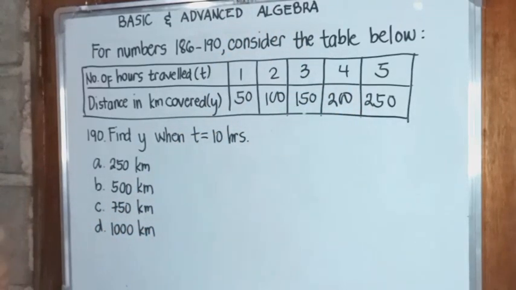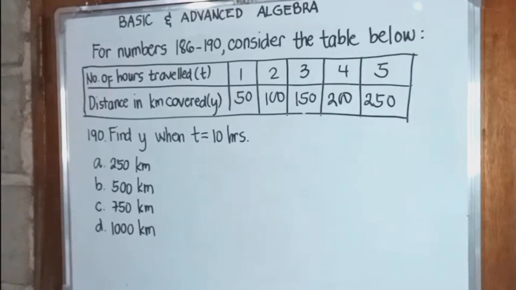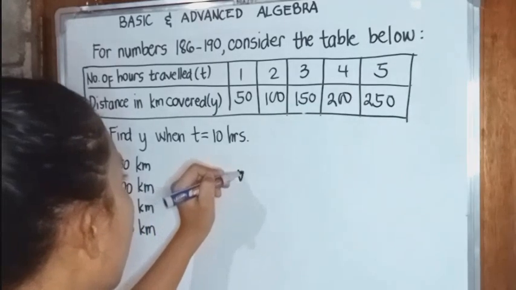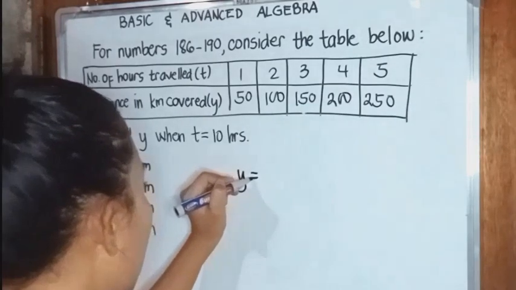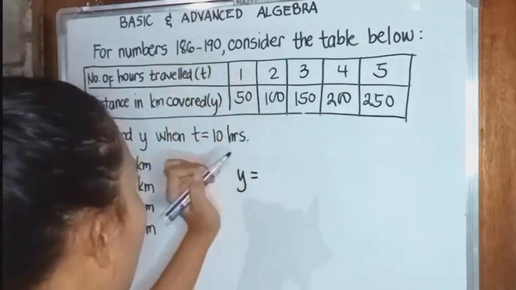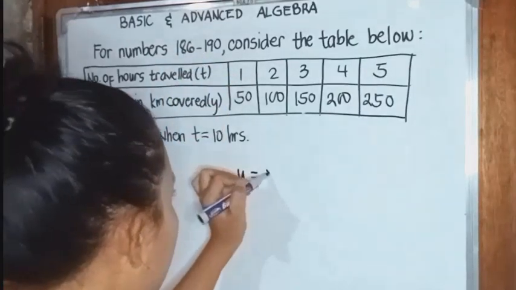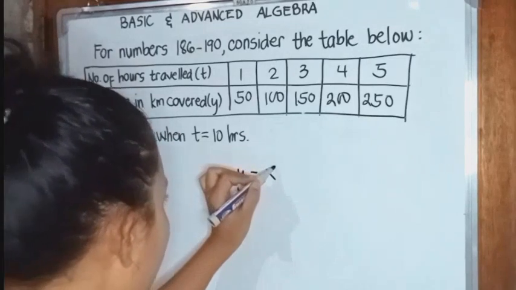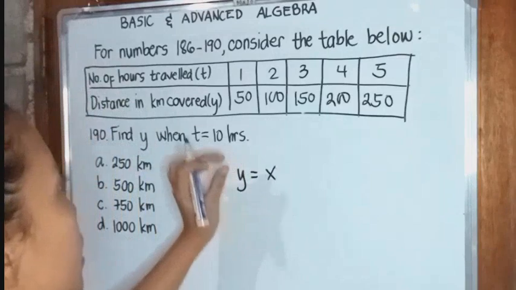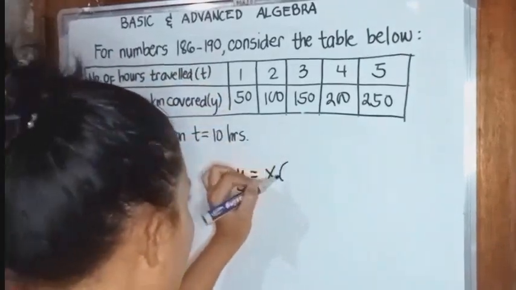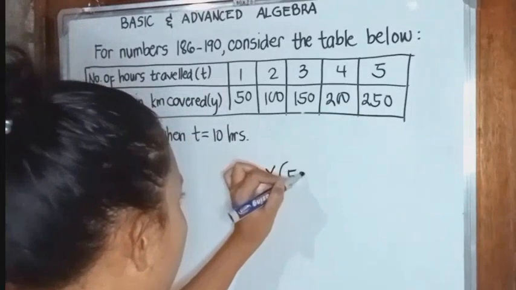From this, we can create an equation that the distance traveled in kilometers, or y, is equal to the number of hours, which is x, times the distance covered per hour, which is the constant 50.